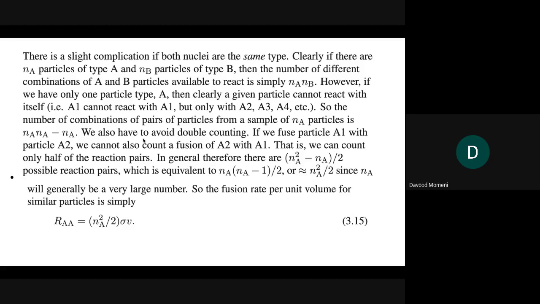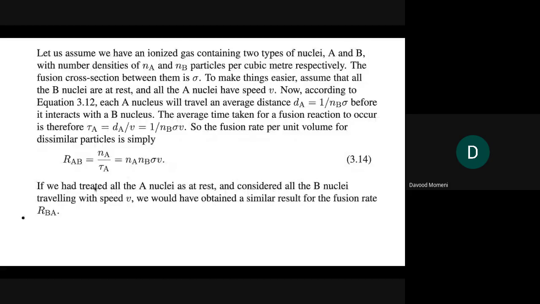Yeah, it's like you have 10 electrons. I mean, electron number 1 makes the Coulomb interaction with all other electrons except itself. Yeah, that's very clear. So the first thing we need to know is how we calculate the previous term n_A n_B in equations 3.13 and 3.14.